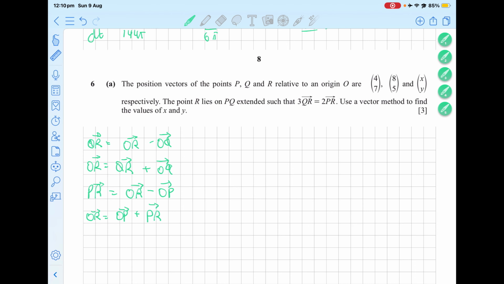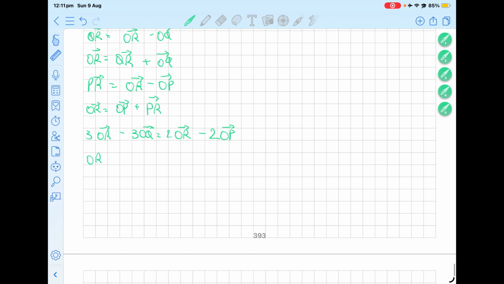So I know that 3 times QR, so 3 OR minus 3 OQ, is equal to 2 OR minus 2 OP. So basically OR is 3OQ minus 2OP.